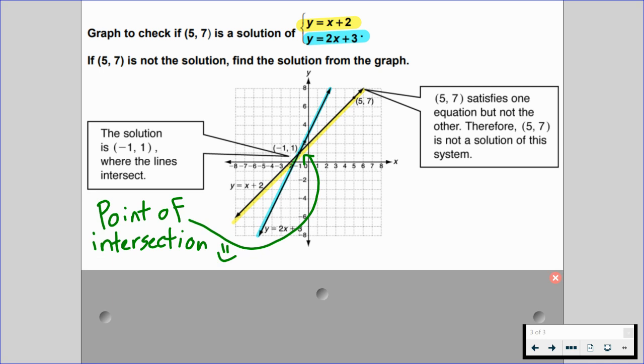So when these two lines overlap, these two lines intersect, that's going to be the solution. So our solution is (-1, 1). And again, we call that point where they intersect, very creatively, the point of intersection. So whenever we graph a system of equations, what we're really looking for is that point of intersection. And we can check whether coordinate points are solutions to our system by simply substituting them in, or we can graph them on a graph.